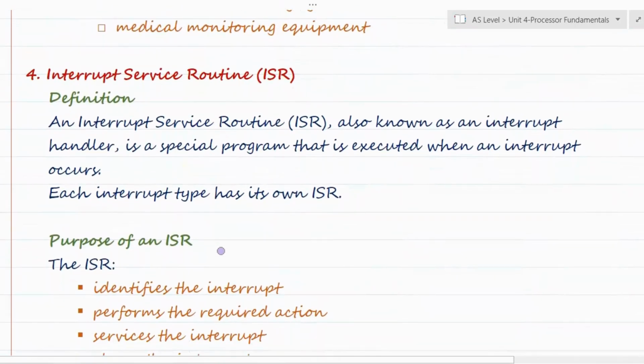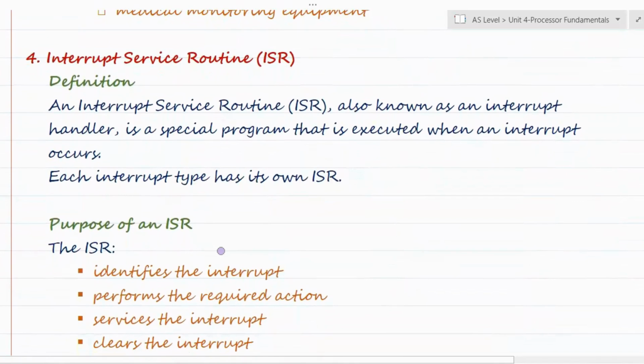Now, an important term, ISR, interrupt service routine. What exactly is it? Let's have a look at the definition. An interrupt service routine, also known as an interrupt handler, is a special program that is executed when an interrupt occurs. Each interrupt type has its own ISR.